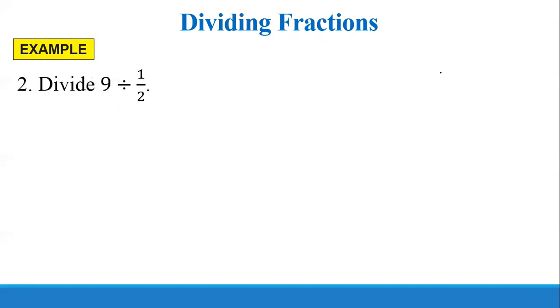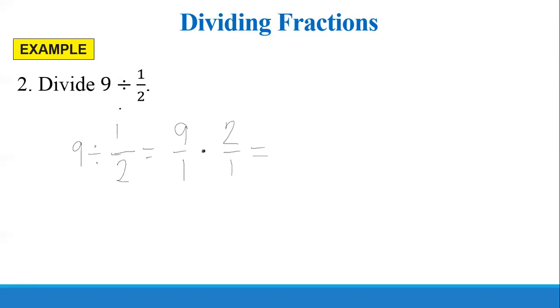Okay. Let's have another example. 9 divided by 1/2. So write your answer in lowest terms. So paano yan? Dividing by 1/2 is the same as multiplying by the reciprocal of 1/2, which is 2 over 1. So 9 divided by 1/2 is now equal to 9 over 1 times the reciprocal of 1/2, which is 2 over 1. Ayan. So, bakit naging multiplication yan?